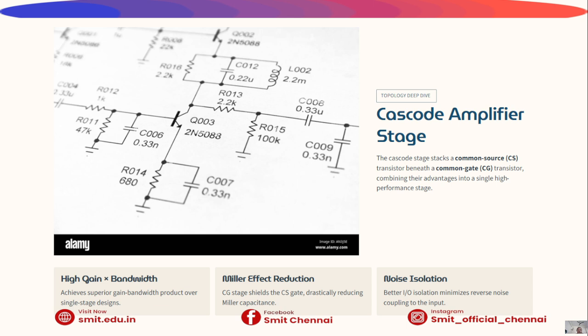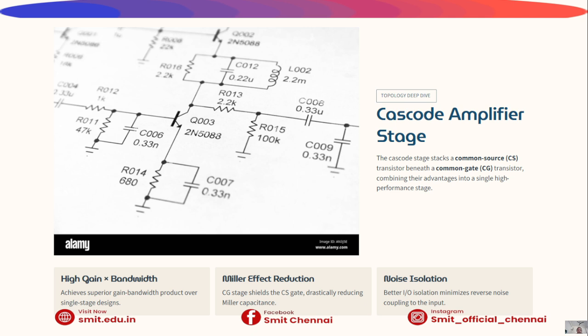Next we see about the cascode amplifier stage. The cascode amplifier combines a common source transistor with a common gate transistor. This arrangement provides several advantages. First, it achieves higher gain while maintaining wide bandwidth. Second, the common gate transistor suppresses the Miller effect by preventing large voltage variations at the drain of the common source device.